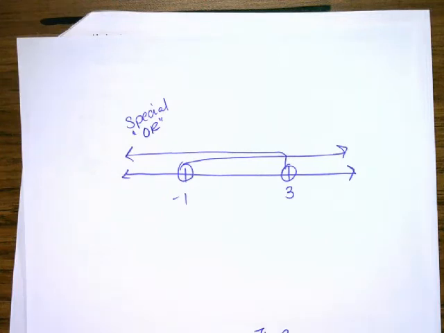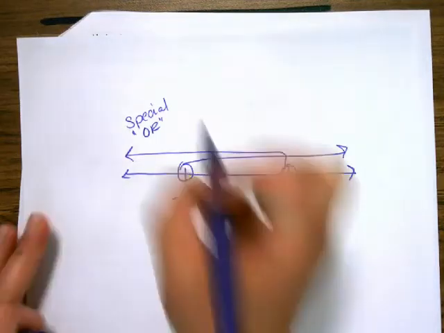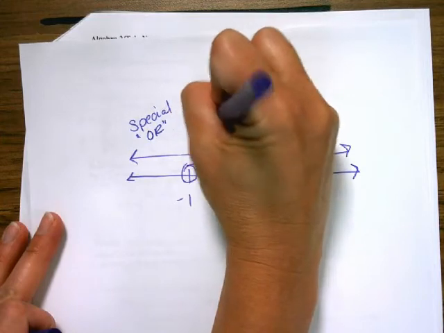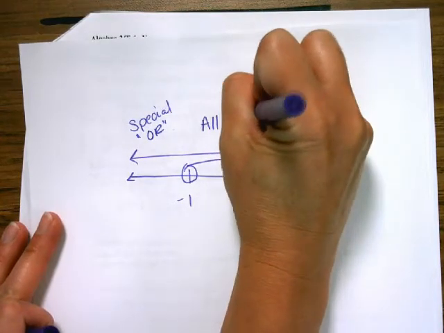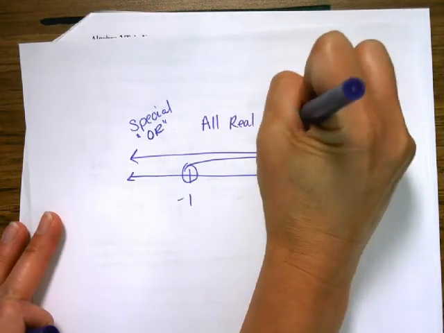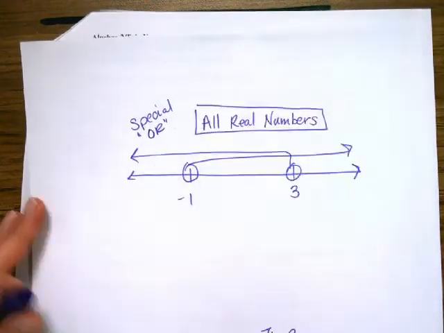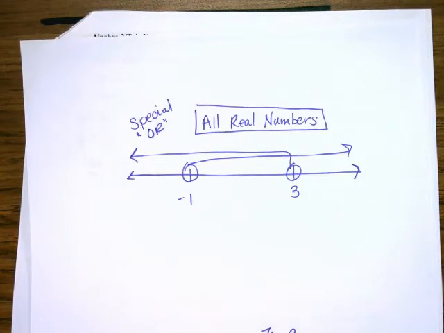If you end up with an or and they cross like that, is there any number that's not included? No. So if you end up with an or where they cross, it's all real numbers. That could happen. All solutions, all real numbers. Anything is possible.